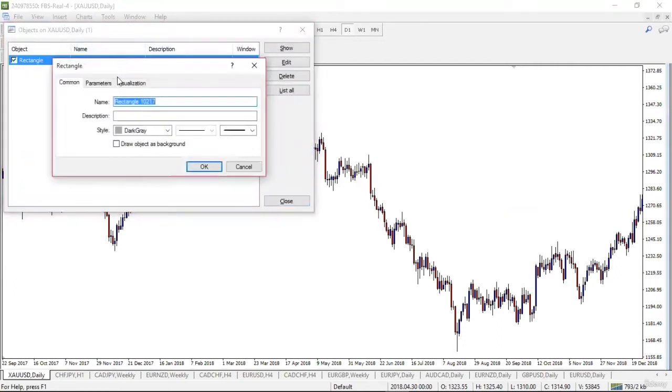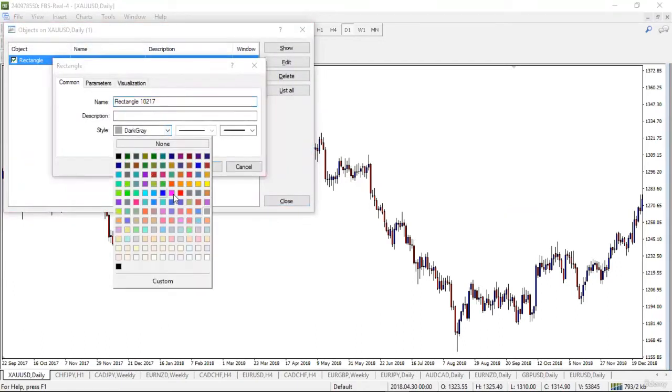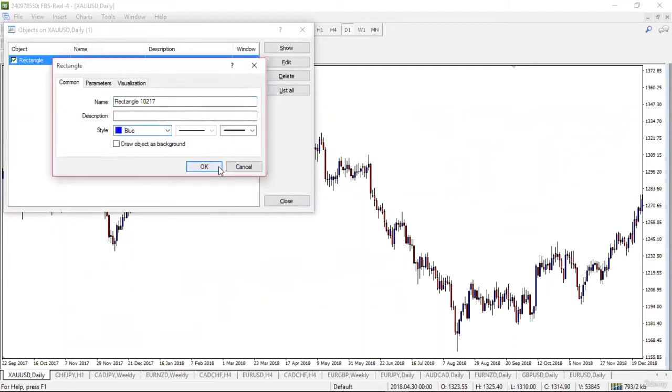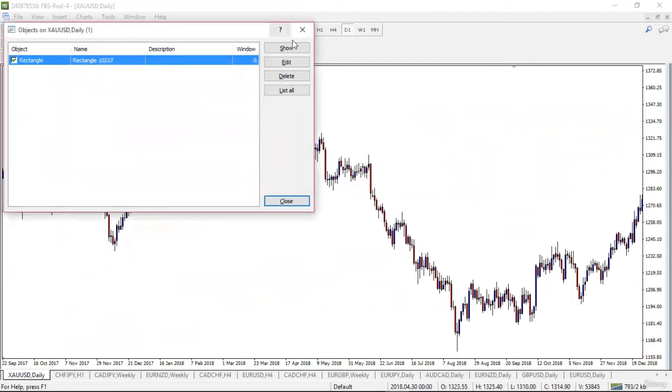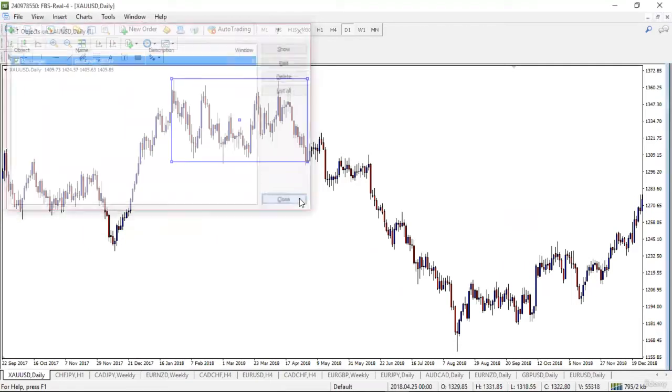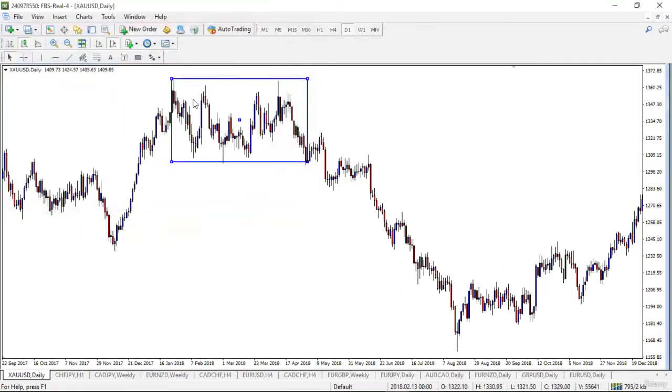Just change the color of this. So you also have something like this. This is not a trend. You cannot say it's going up. You cannot say it's going down. It's just playing around these two prices here. Then this is a trend.